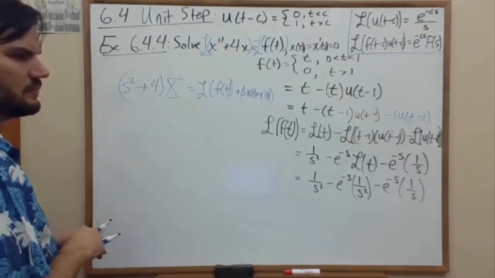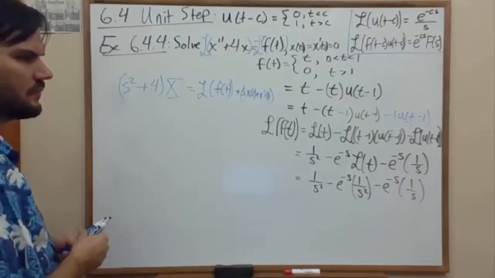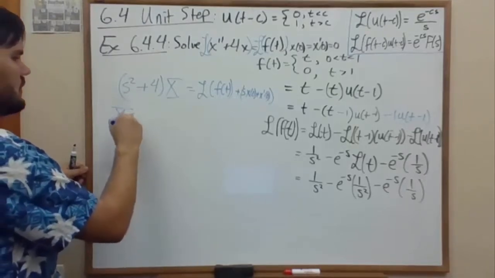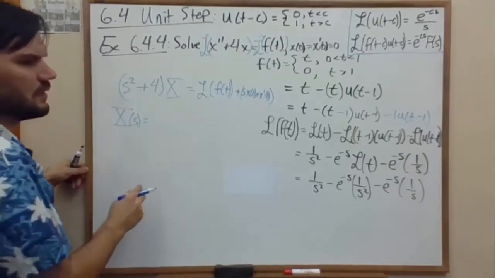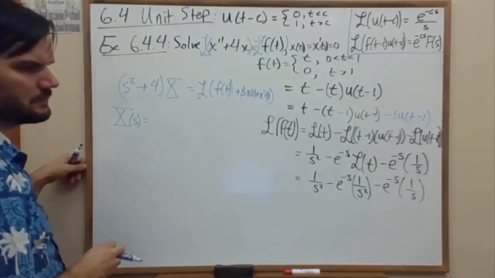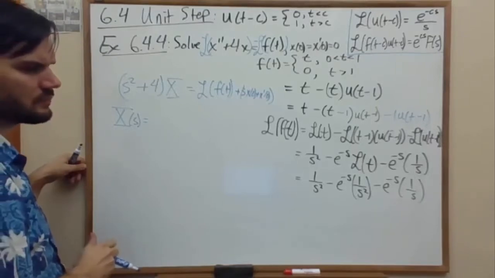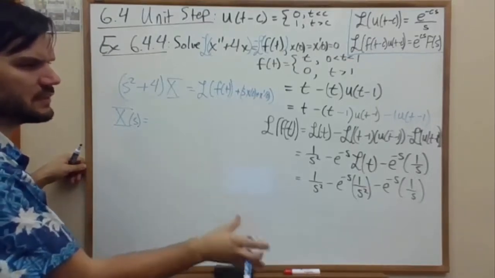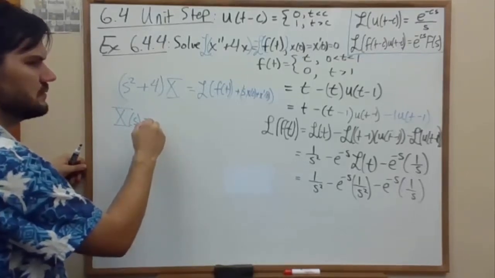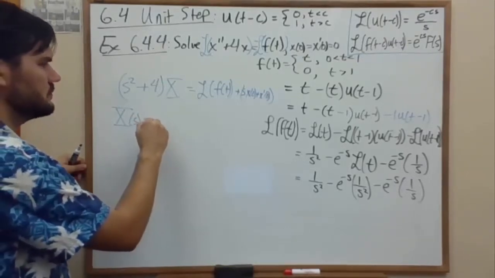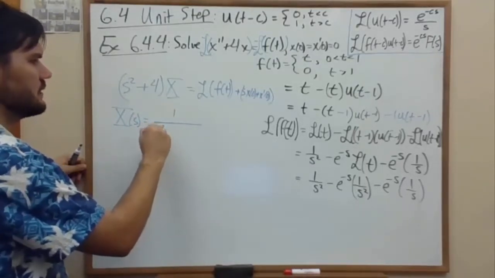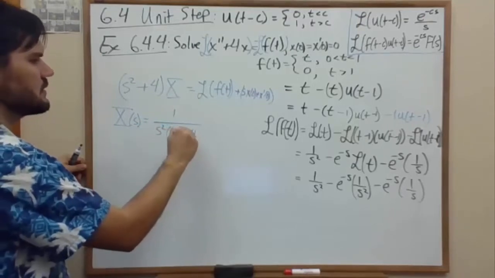So let's combine that all into two pieces, one that has an activation, one that doesn't. So we have 1 over s squared times s squared plus 4.